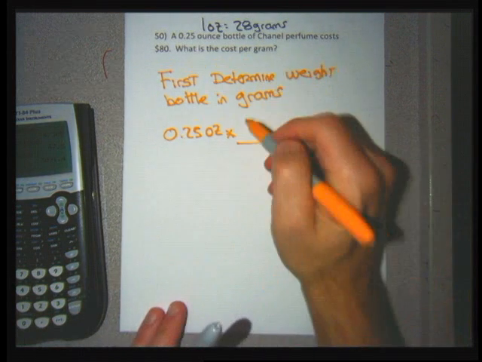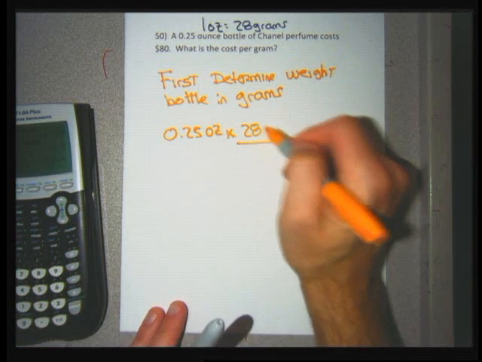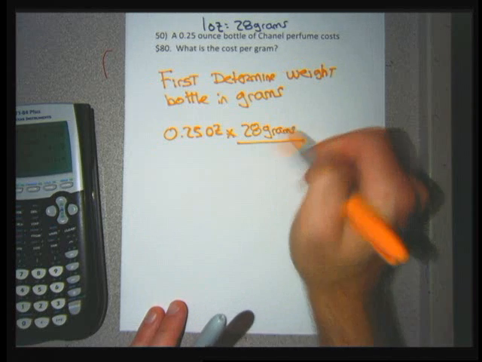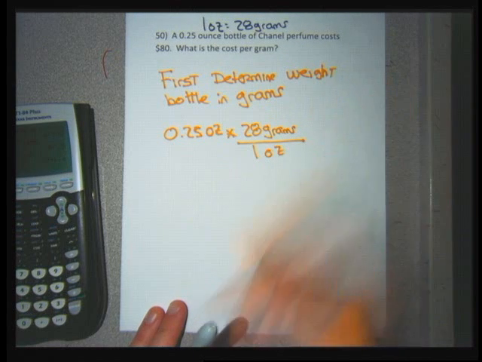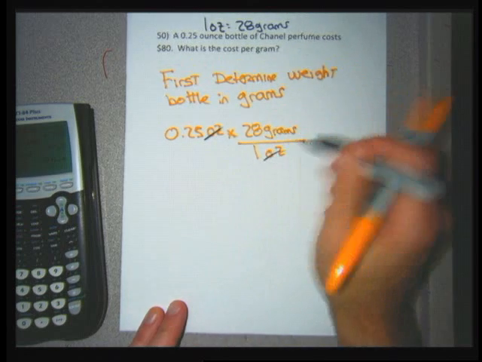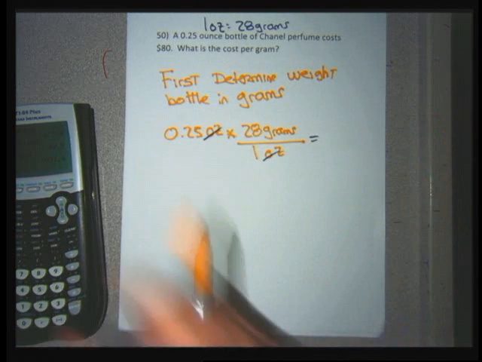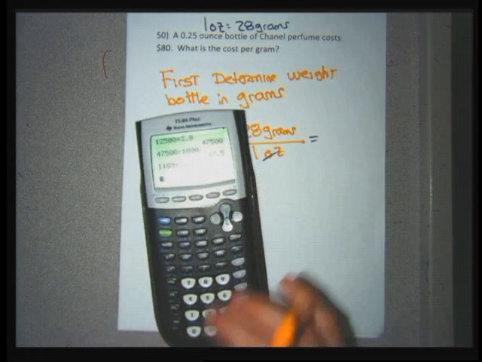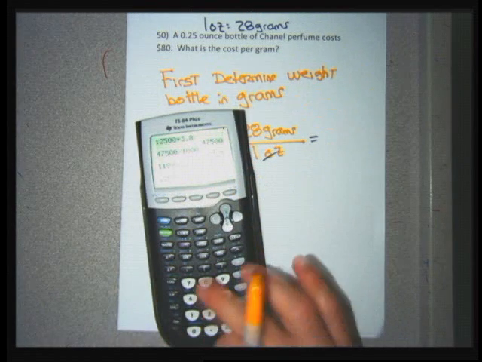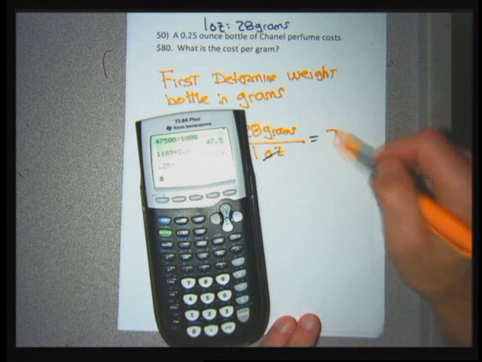In the numerator, I'm going to write my 28 grams. In the denominator, I'm going to write my 1 ounce. My ounces are going to cancel, and my number now is going to turn into grams. If I multiply 0.25 times 28, I get 7 grams.